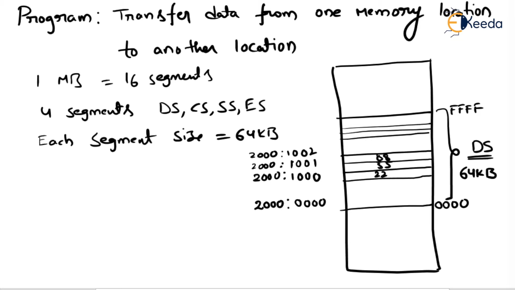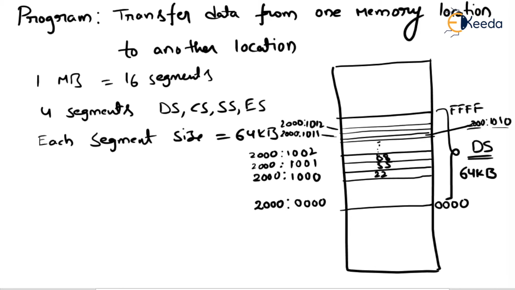Let us consider this as 2000:1010, the data segment offset address, and this is 2000:1011 and 2000:1012.